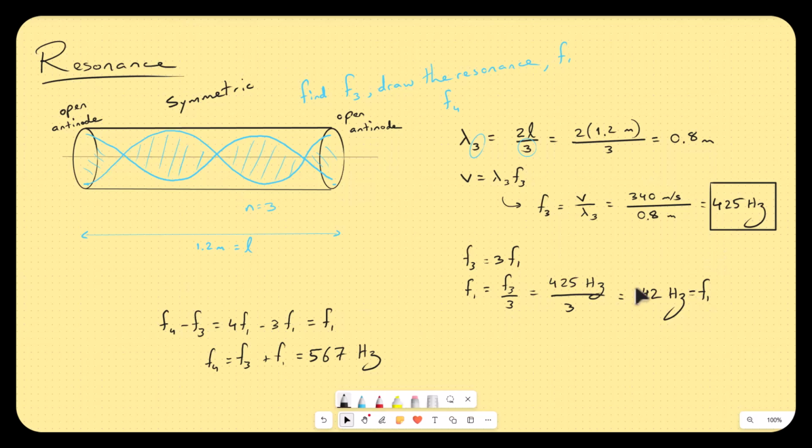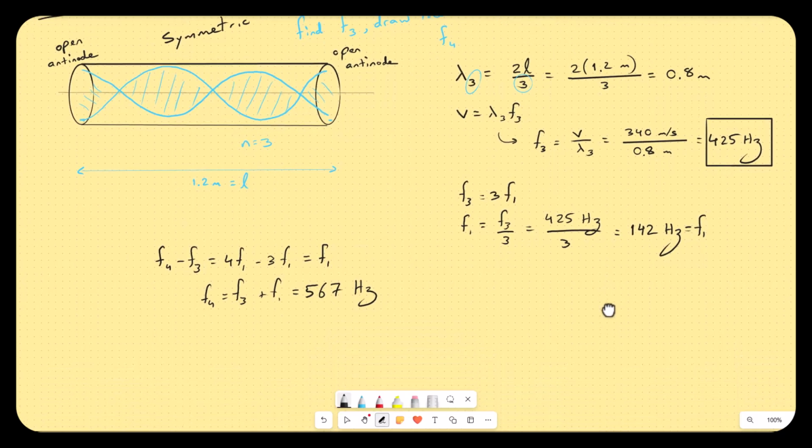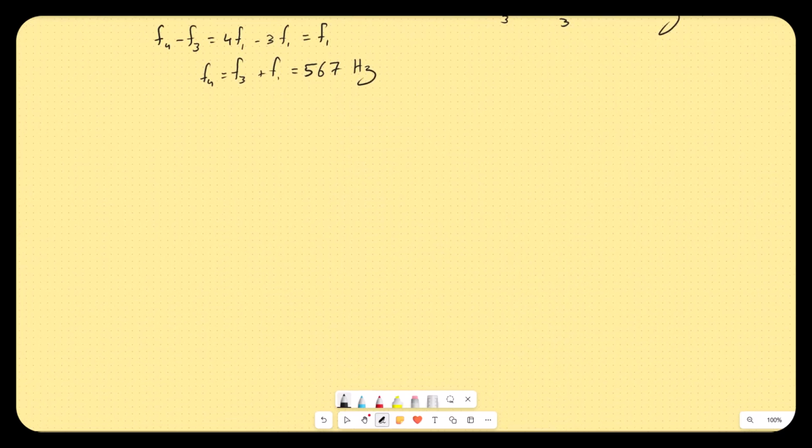Maybe now I want to say, let's put a cap on this thing and find the frequency of my fifth overtone. So I'm going to draw this thing again with a cap on it. So I want to see what happens when I put a cap on the end of this.